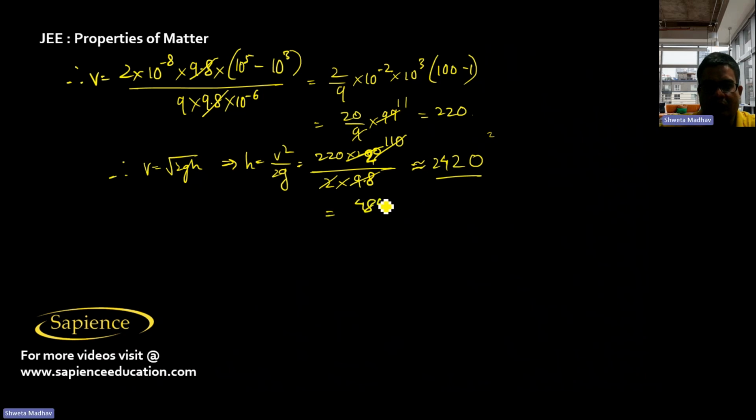It is 48400 divided by 19.6, approximately 2469.4.